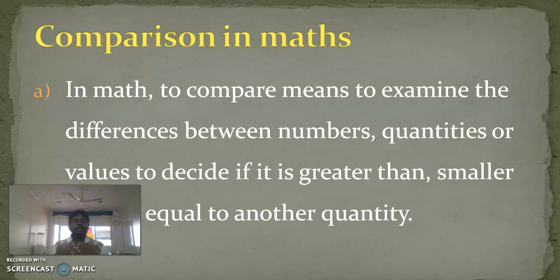In math, to compare means to examine the differences between numbers, quantities or values to decide if one is greater than, smaller than or equal to another quantity. As I said earlier, we need at least two quantities or two groups to compare. So in maths, we compare to identify which group is greater, which is smaller, or whether they are equal.